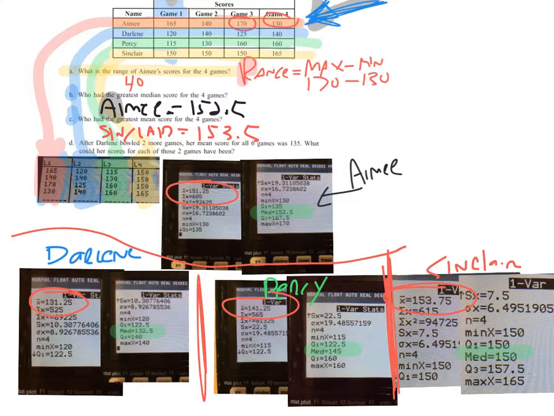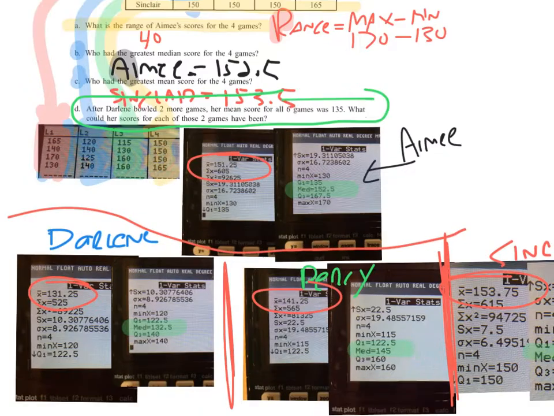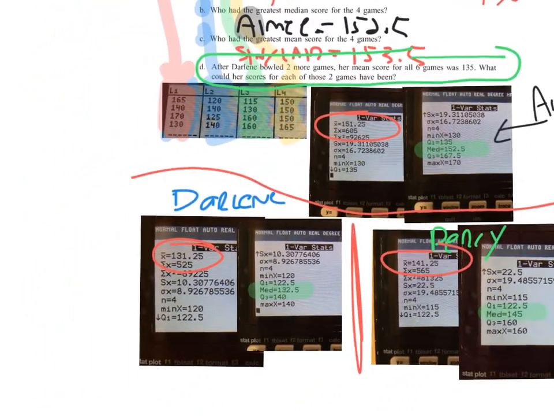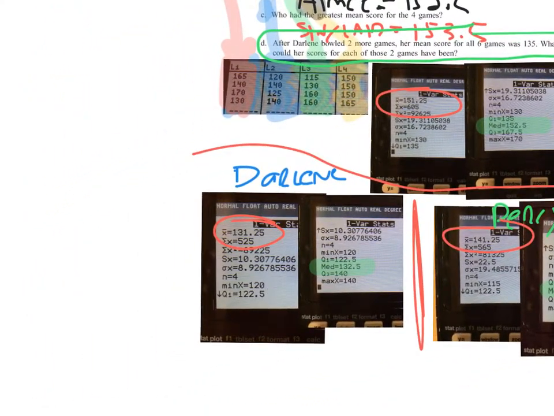Problem 4. After Darlene bowled 2 more games, her mean score for all 6 games was 135. What could her scores for each of these 2 games have been? So here we're going to be looking at Darlene's scores. And it said Darlene bowled 2 more games.